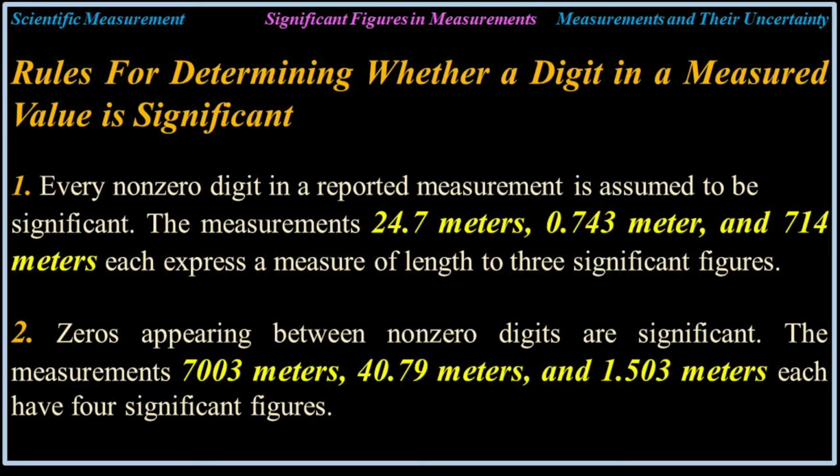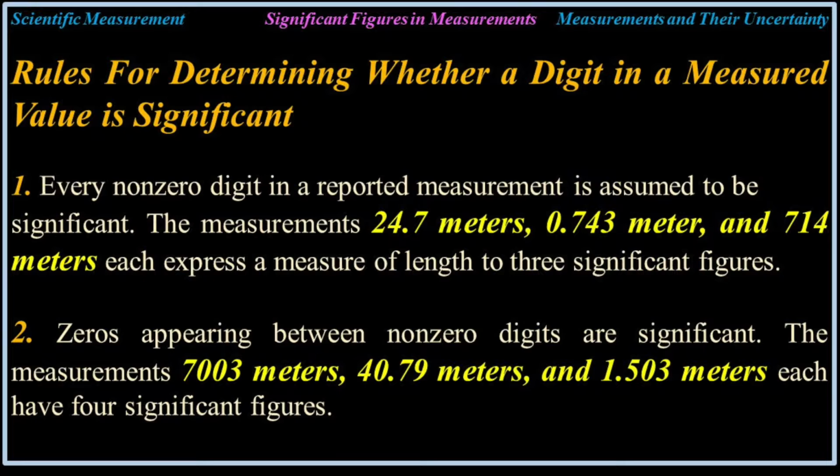Number 2, zeros appearing between non-zero digits are significant. The measurements 7003 meters, 40.79 meters, and 1.503 meters each have 4 significant figures. I'm going to extend this rule just a little bit. You see where it says zeros appearing between non-zero digits are significant?